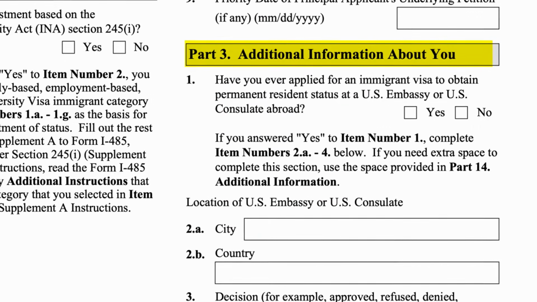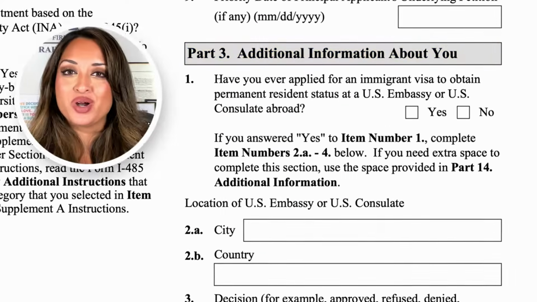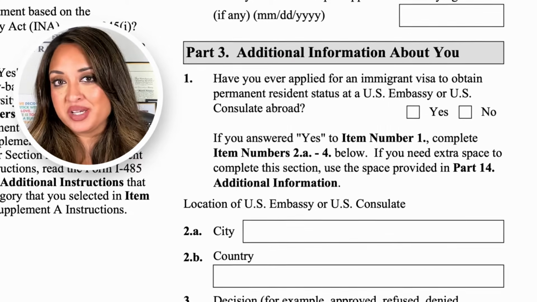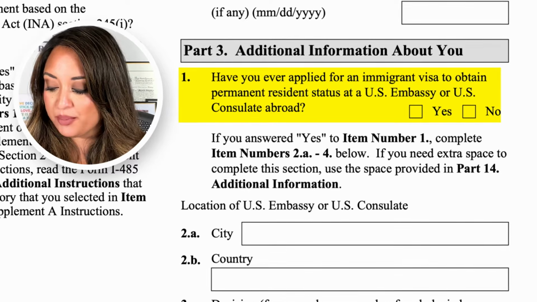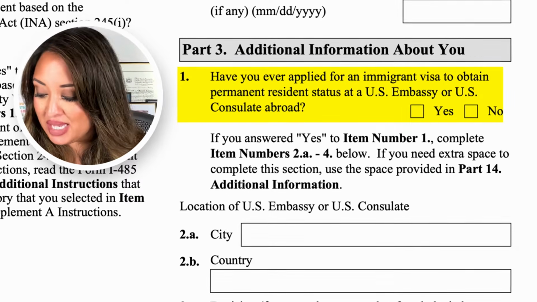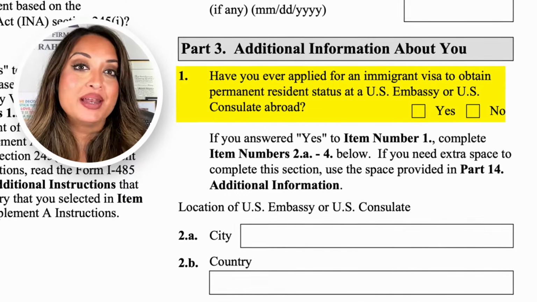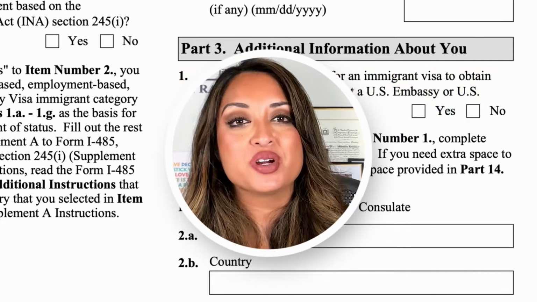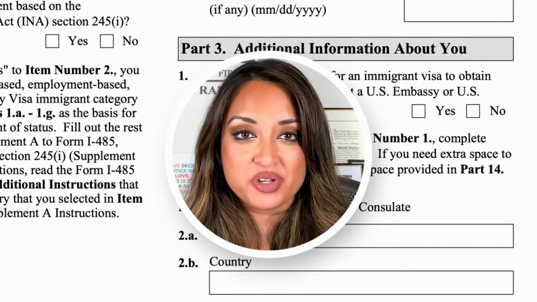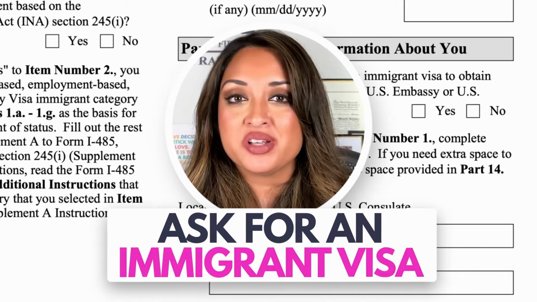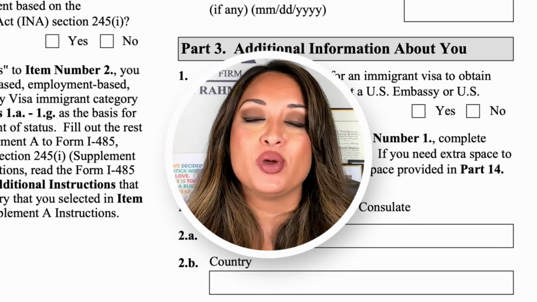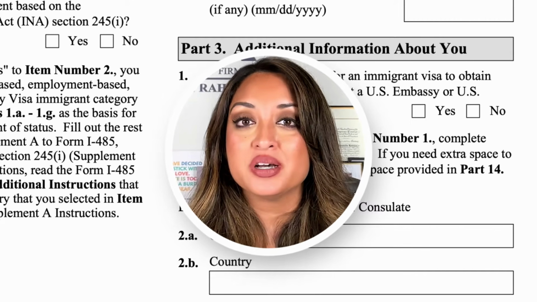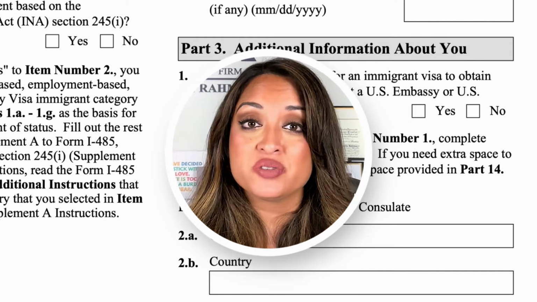Part 3, information about you. Number 1 is a question that I think can be a little bit confusing because it asks, have you ever applied for an immigrant visa to obtain permanent resident status at a U.S. embassy or U.S. consulate abroad? Now, this refers to whether you have ever had a relative try to petition for you and ask for an immigrant visa abroad. Sometimes you can also have an employer try to petition for you and ask for your immigrant visa where you would go for an interview at the consulate.